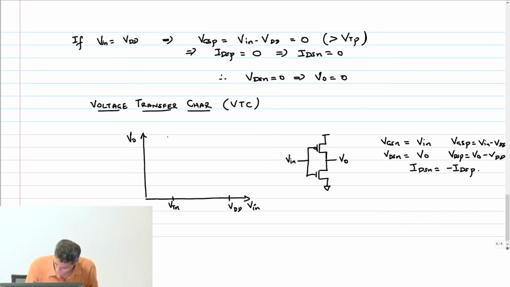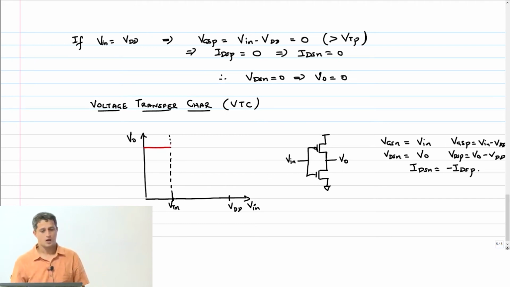Okay, so I am going to consider this. Output will start at VDD. Now the NMOS transistor is turning on. As soon as I cross that VTN, it is turning on. In what region of operation will my NMOS transistor be?